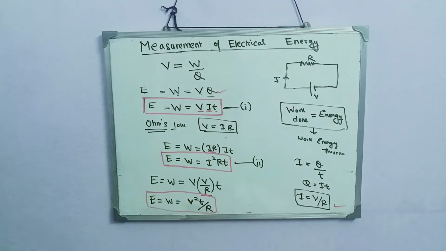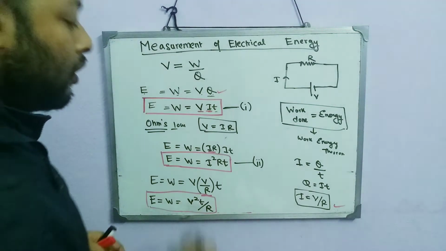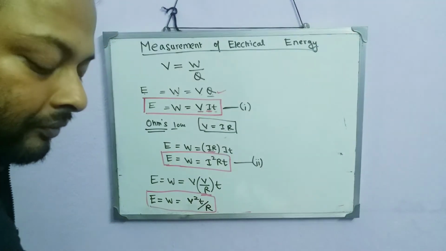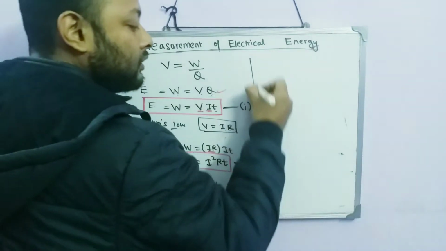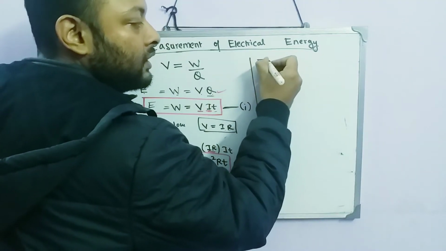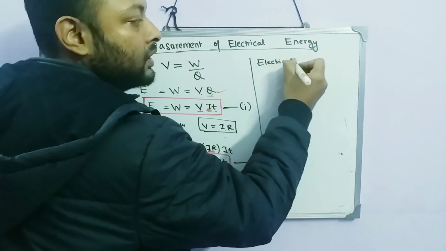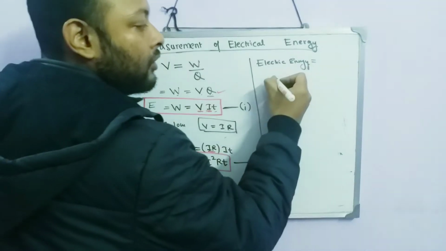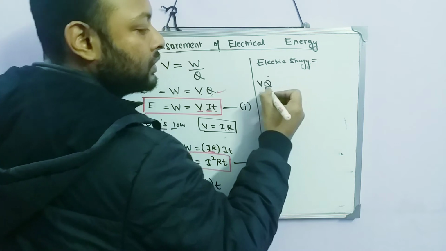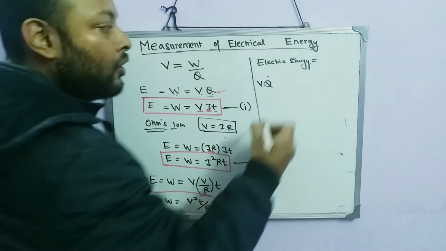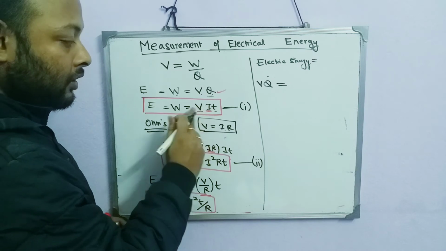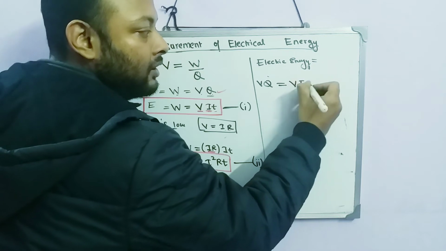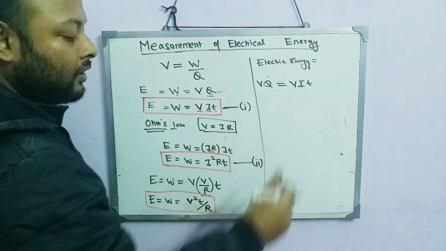So if I write one after the other, all these equations, I can write in this fashion, that energy or electrical energy is equal to VQ, potential into charge, which is also equal to VIT, potential into current into time.